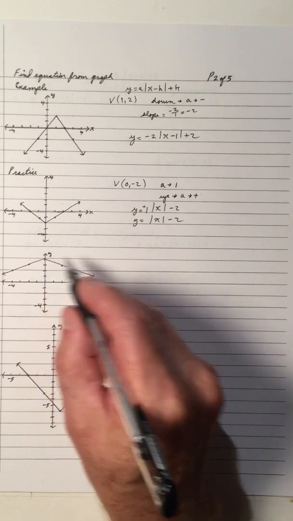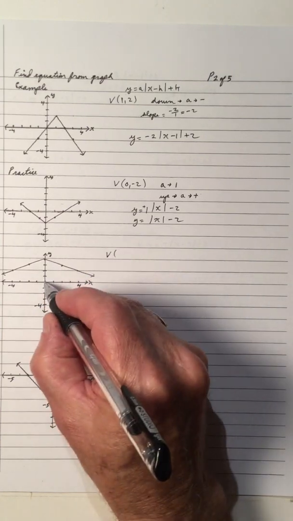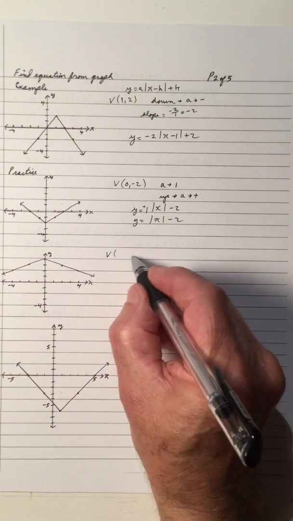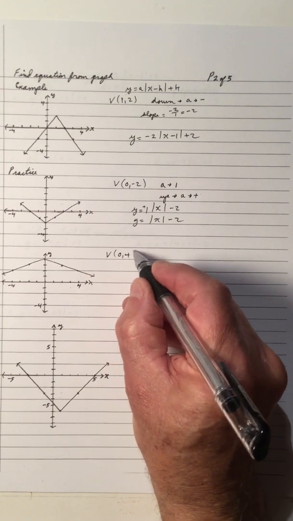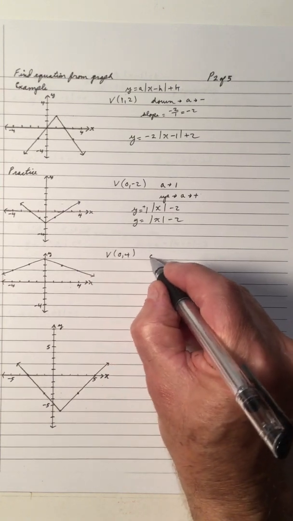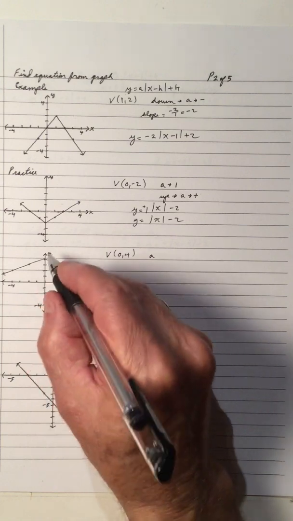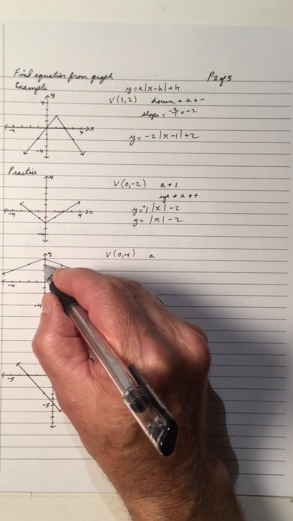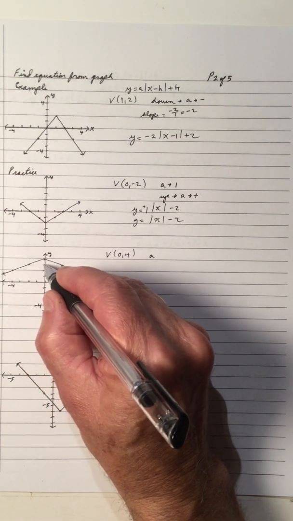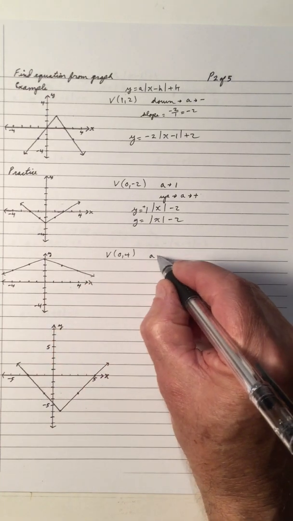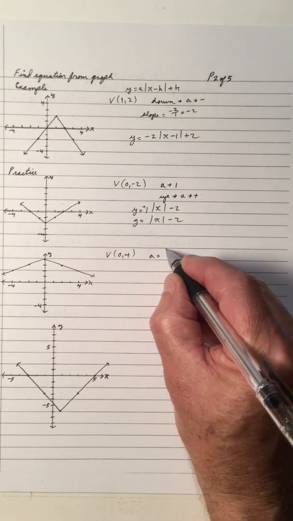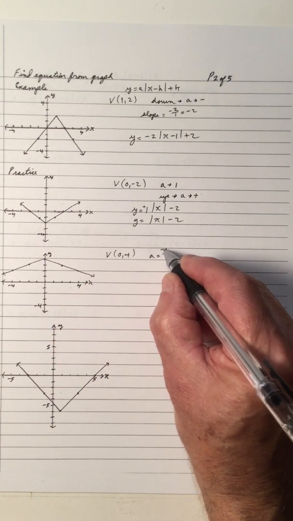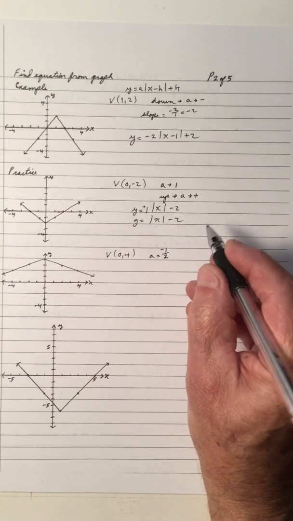And the vertex of this one, the vertex here is x is 0, y is 4. 0, 4. And A is slope, so it's 1, down 1, right 2. So it's down 1, which is negative, right 2.